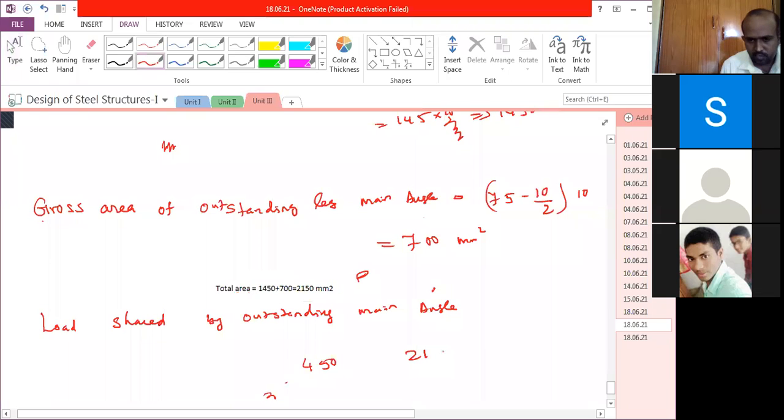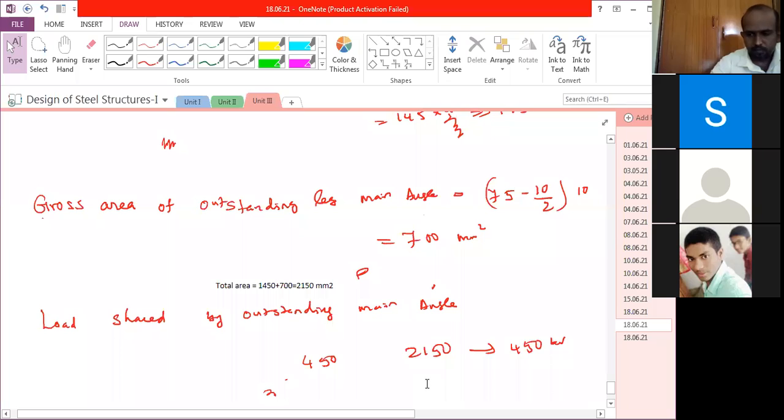If for 2150 the load to be shared is 450 kilonewton, then for 700, how much needs to be shared? Please cross multiply and tell me.